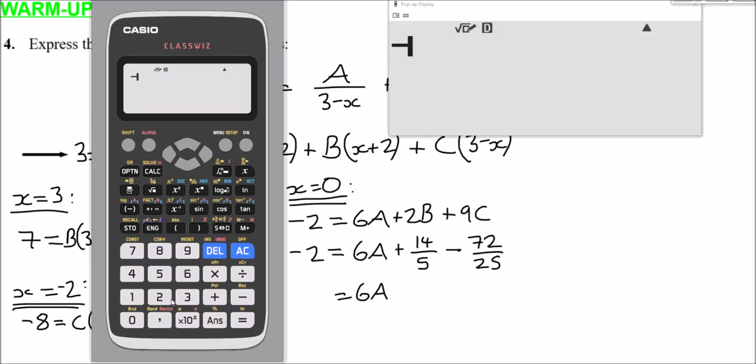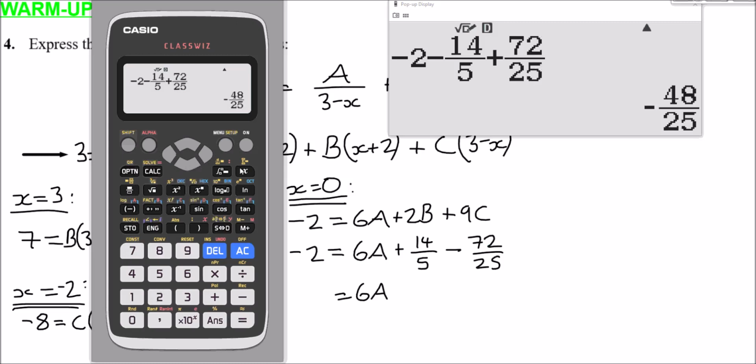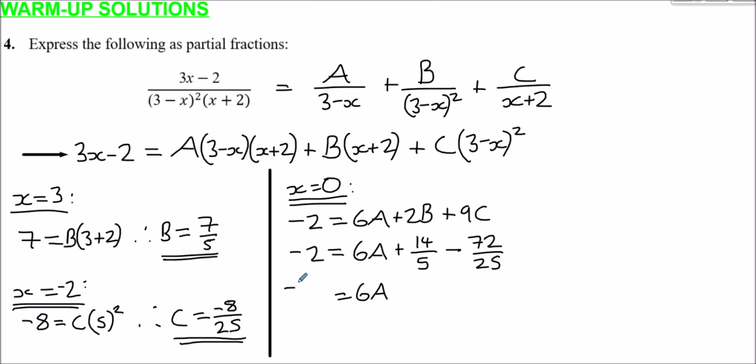So minus 2 minus 14 over 5 plus 72 over 25 gives us minus 48 over 25. Finally, divide both sides by 6, and you can see that a must be, again, minus 8 over 25.